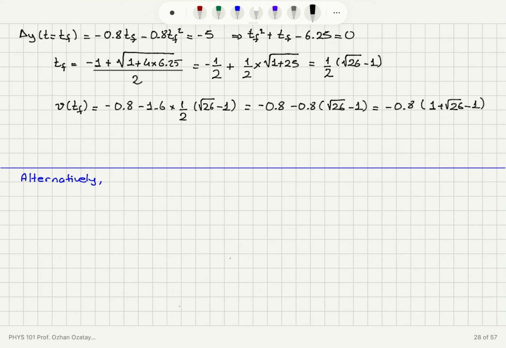So you can see if you distribute here, you will get minus 0.8 and minus 0.8 times (square root of 26 minus 1). So I find that the final velocity, v of tf, will be minus 0.8 square root of 26. So this plus 1 and minus 1 will cancel, which, if you evaluate, is found to be minus 4.1 meters per second.